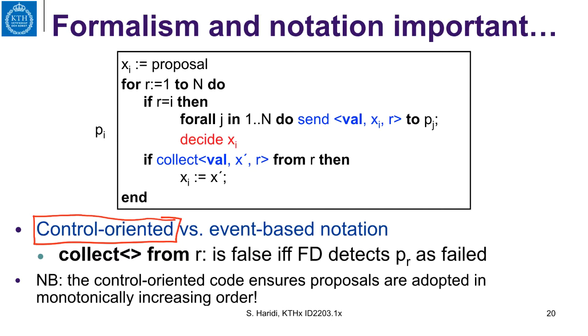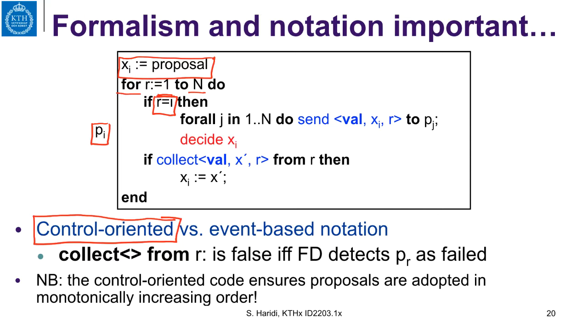So let us look to process PI. Process PI has its initial proposal here. And each process, of course, executes this code. So for R from 1 to n, the number of processes, if I am in round I, it means I am the leader.